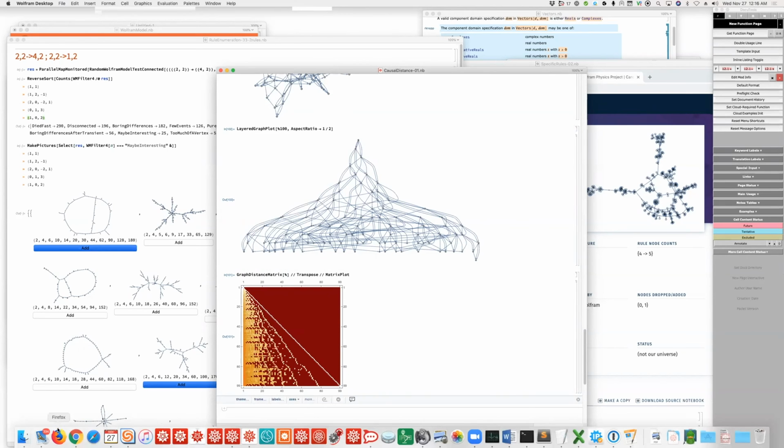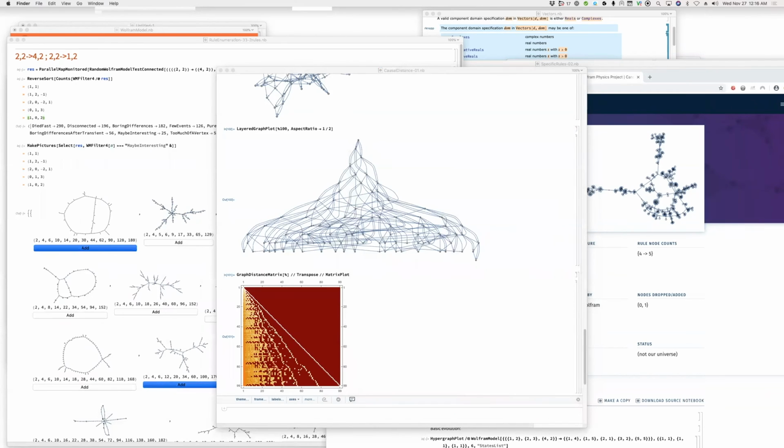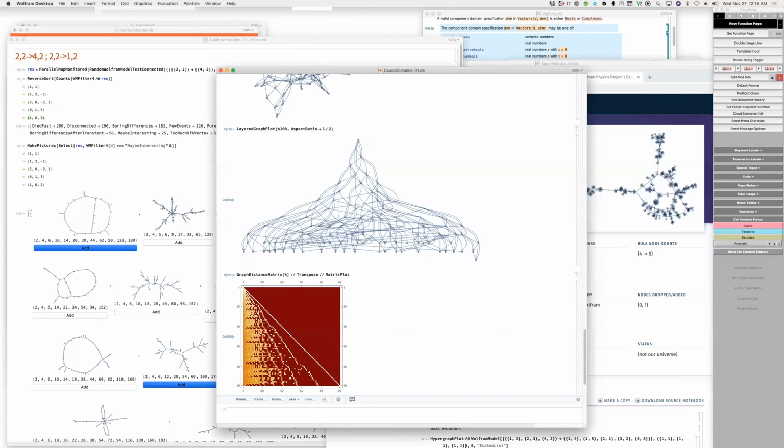Let's pick up a random other rule. Well, it kind of shows a growth rate.